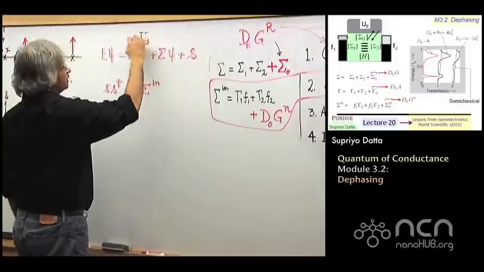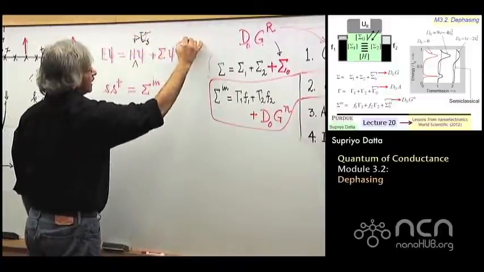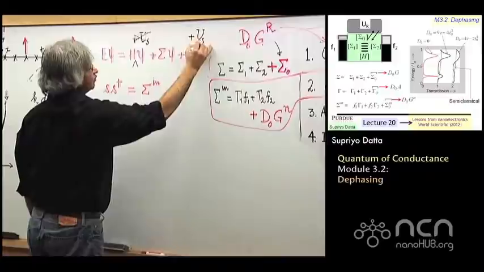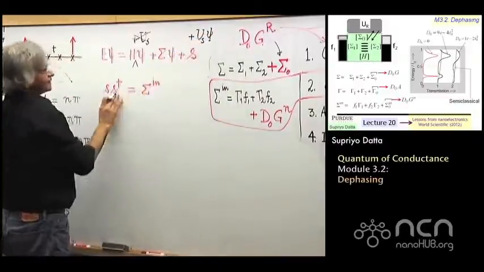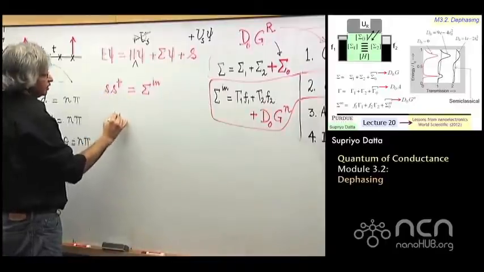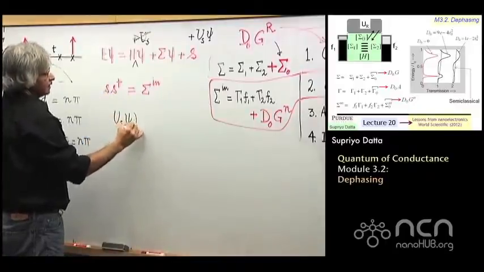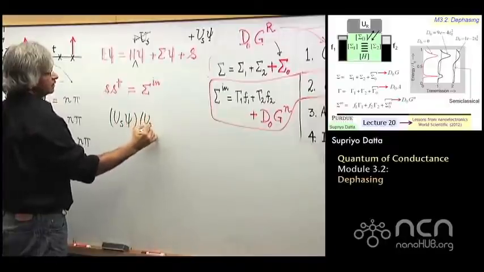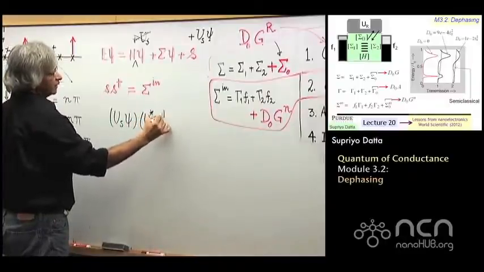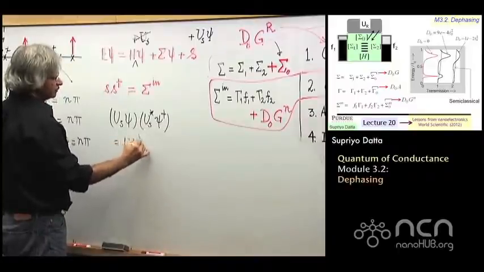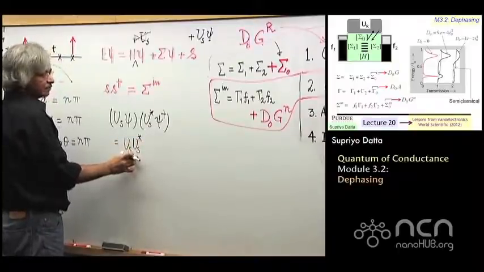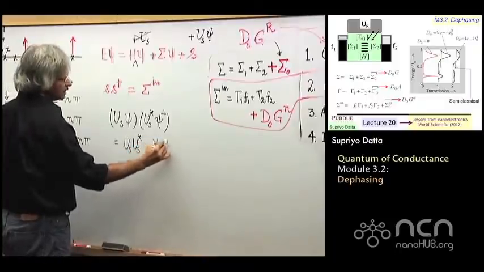So we don't keep it here, but instead we add the US psi over here. Then when you do SS dagger, you'll also get a term like US psi times US star psi dagger, that's the strength of the scattering potential times psi dagger.